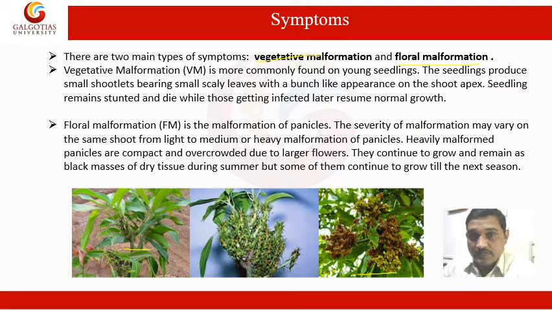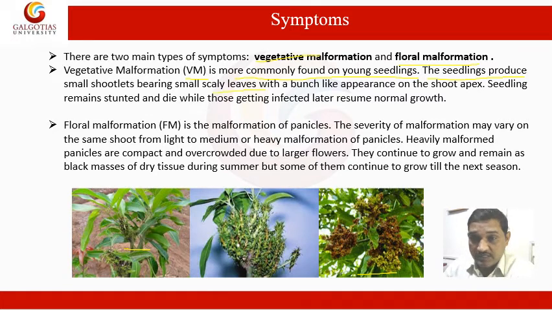The first one is vegetative malformation, also known as VM in short. It is more commonly found in young seedlings, basically in nursery conditions or at the branching tips. The seedling produces small shootlets bearing small scaly leaves.